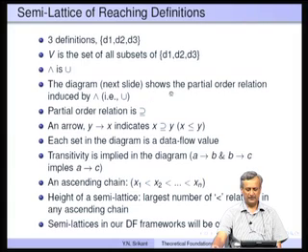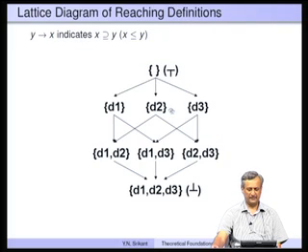The diagram shows the partial order relation induced by the meet operator. Here, this is the diagram we are referring to. We do not want to show the transitive relationship explicitly in this diagram. This is called a Hasse diagram. The transitivity is implicit.